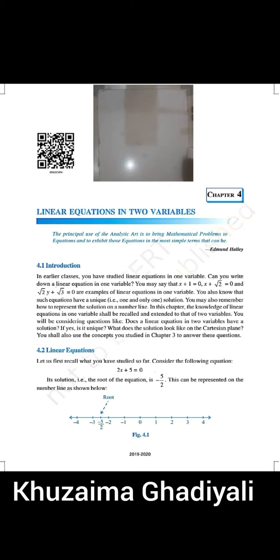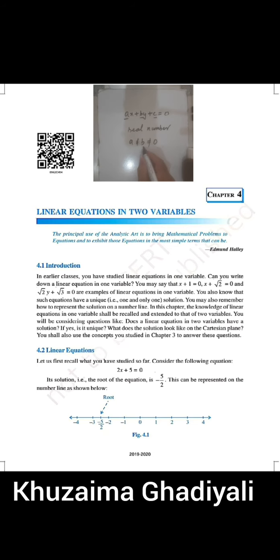So basically the linear equation in two variables is of the form ax plus by plus c is equal to 0, where a, b and c are real numbers, and where a and b cannot be equal to 0.